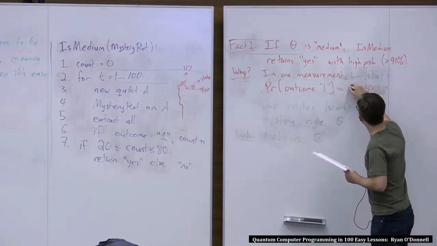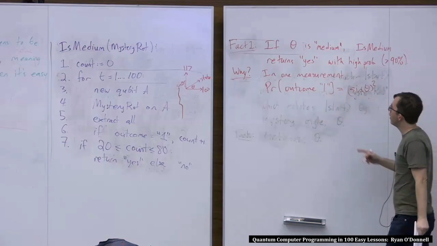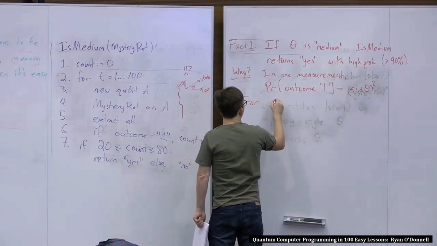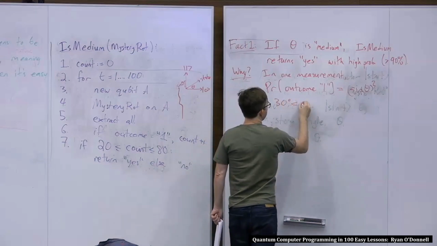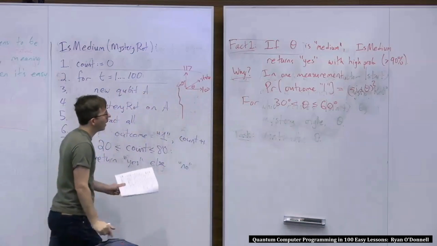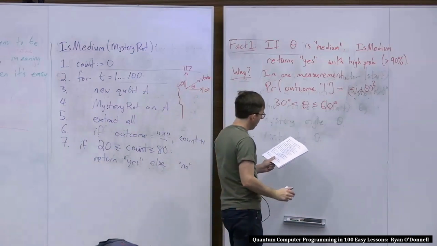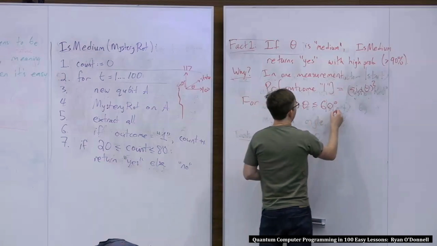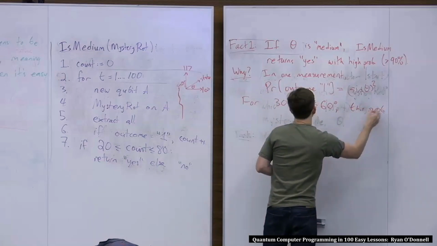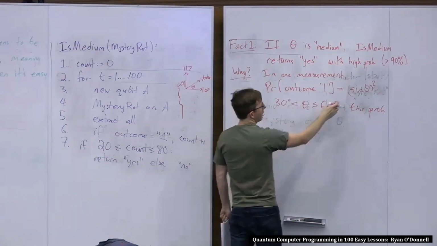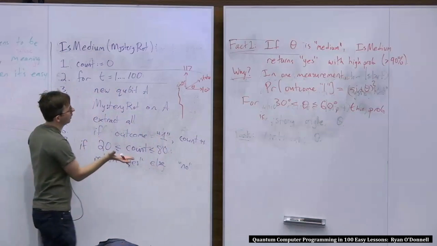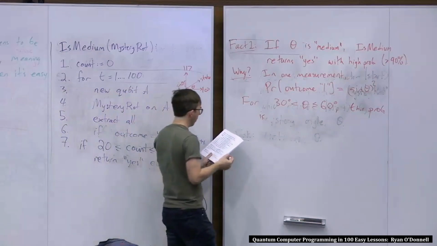And we're assuming theta is medium, so it's between 30 degrees and 60 degrees. This probability is between sine of 30 degrees squared and sine of 60 degrees squared, which, if you remember your trigonometry, is between 1/4 and 3/4.